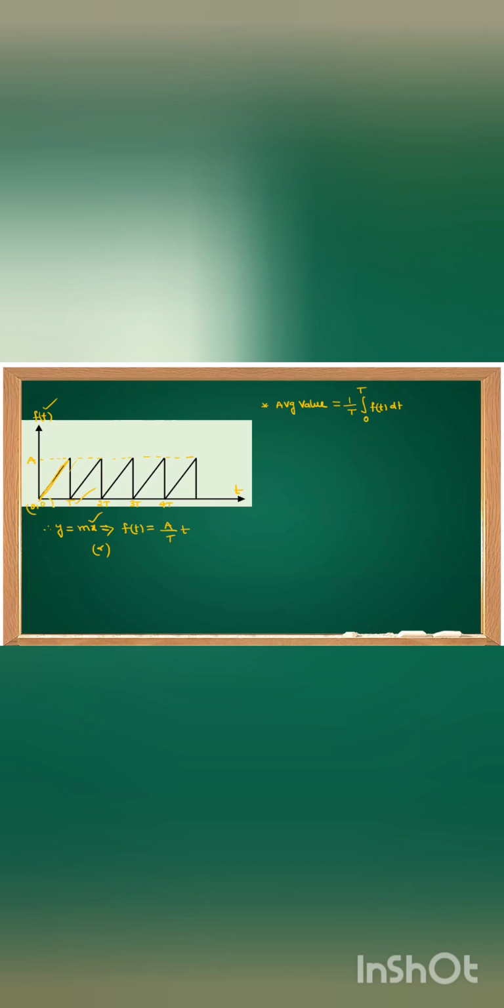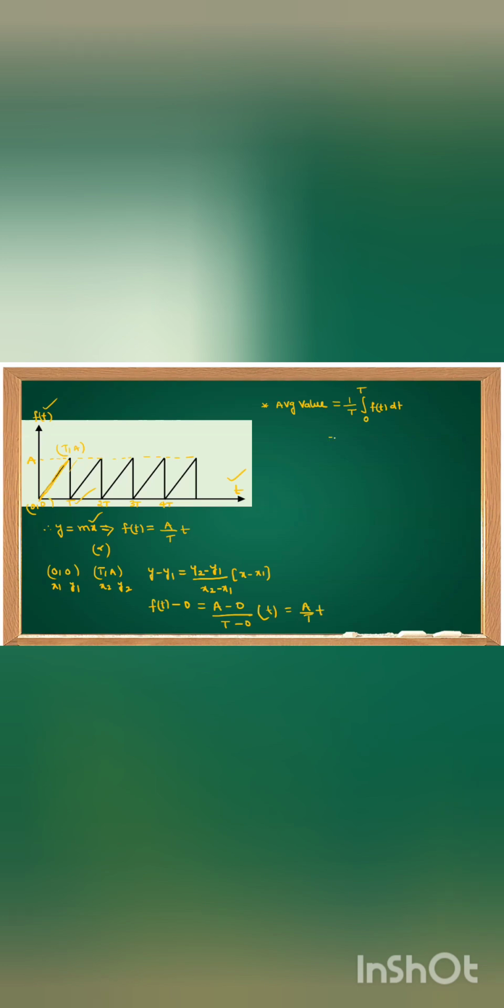These coordinates are 0, 0 and these are T, A. This is x1, y1, and this is x2, y2. Then y minus y1 equals y2 minus y1 by x2 minus x1 into x minus x1. On the y-axis is the function f of t, y1 is 0, y2 is A, x1 is 0, x2 is T. On the x-axis is t. Then also you get A by T into t.